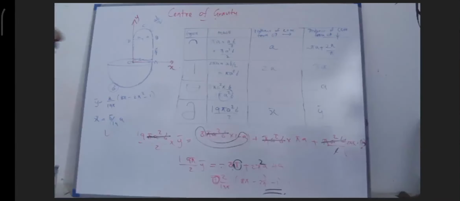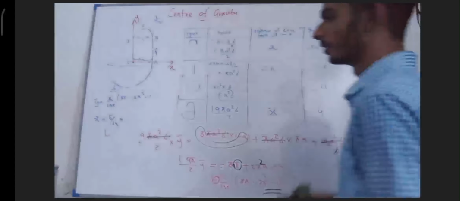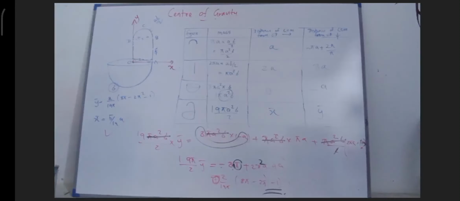Now I will move to the latter part of the question. They are telling us that a spoon is placed on a rough horizontal table with the hemispherical surface touching it. The coefficient of friction between the hemispherical surface and the table is 1 by 7.